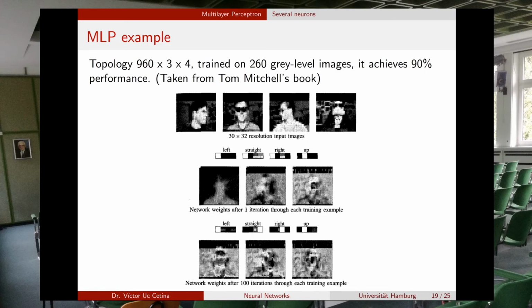So they trained a neural network with 960 inputs with one hidden layer of 3 neurons and 4 output neurons. So these 960 inputs were because they were using images of size 30 times 32.